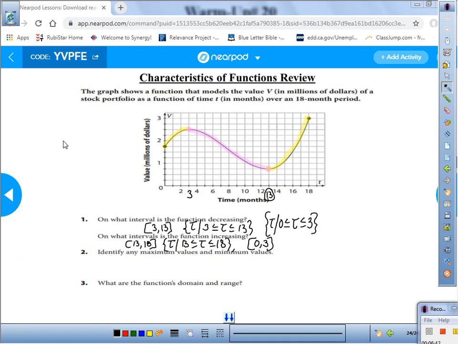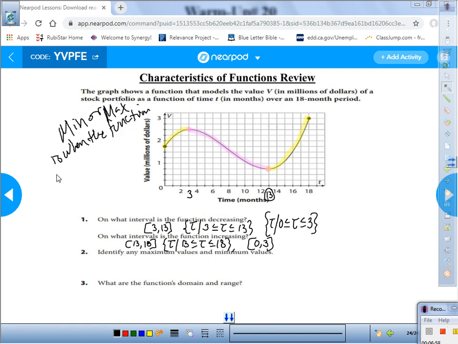Min or max is when the function changes direction, from up to down, or increasing to decreasing, or from down to up.